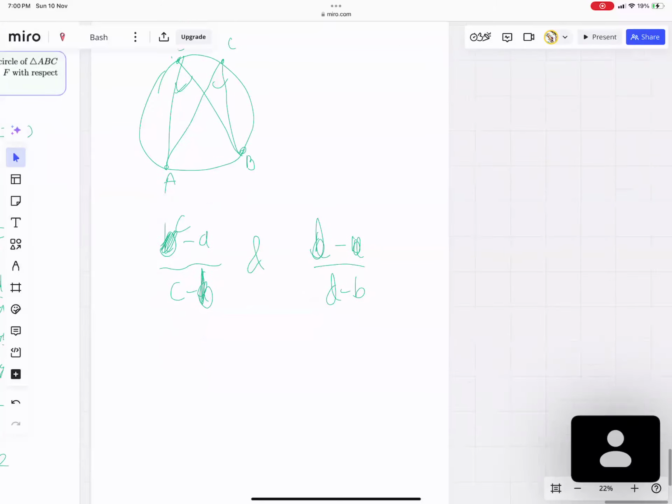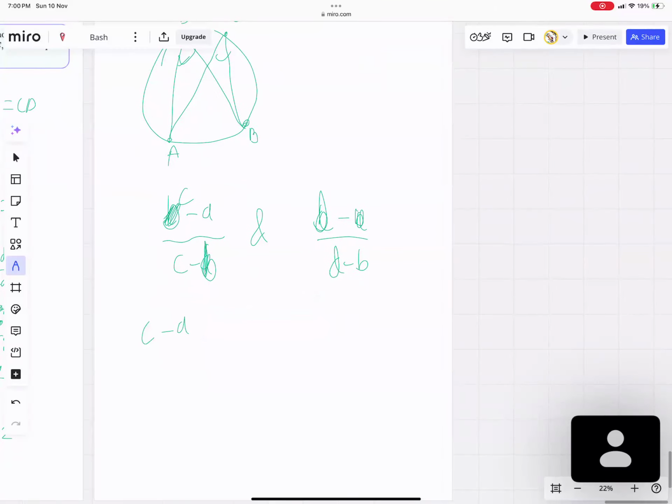Yes. So C minus A by C minus B divided by D minus A by D minus B belongs to the real numbers. That's the condition for concyclicity.